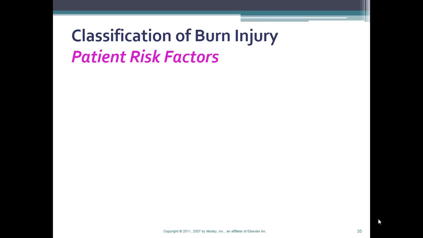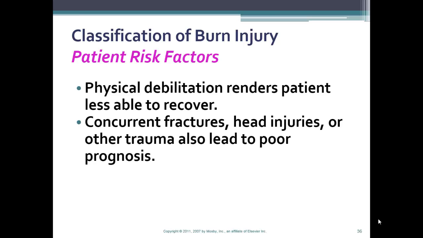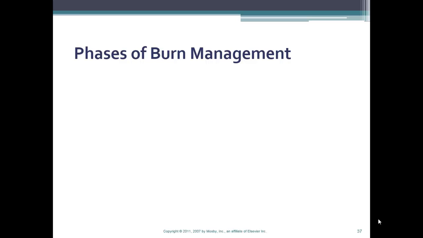Any cardiovascular or circulatory disease, like venous stasis, is going to result in a poor prognosis. The patient may be physically debilitated, which causes a poor outcome. If the patient is a drug abuser, an alcoholic, or malnourished, or has fractures, head injuries, or other trauma, that leads to a poor prognosis.